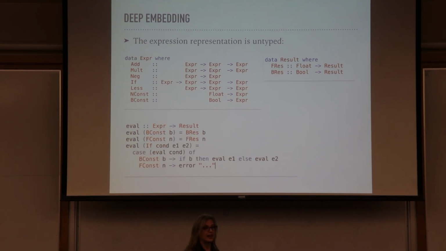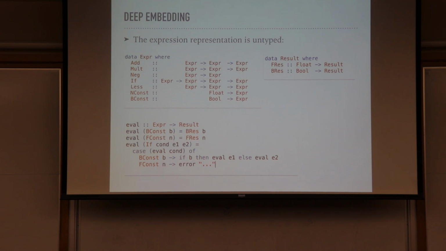Same for constant. And now for conditionals, I evaluate the condition, and then we have two types of pattern matching. One is in the function definition, like here, when I match a pattern of the argument.